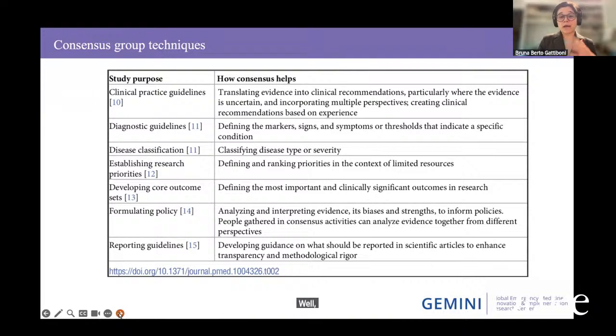In each of these, you will need to know how to use this method. This will depend on who your specialists are, what your question is, and what your outcome is with this agreement.